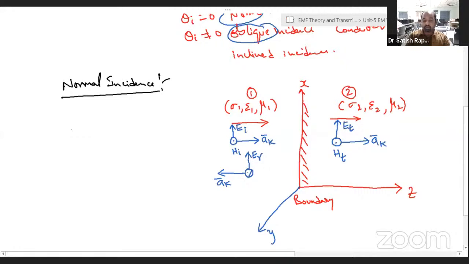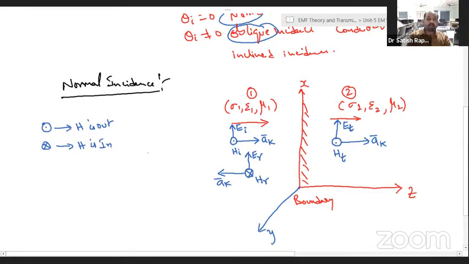But the direction of the magnetic field will be like this, that means into the screen. Here a dot with a circle means the magnetic field is out, and a cross means the magnetic field is in.